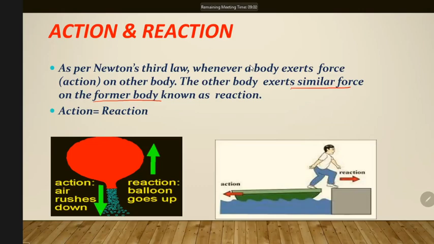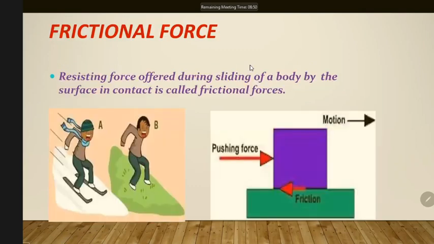Okay. Another type of force is frictional force. Now, what does this frictional force mean? Frictional force is simply the resistance which is provided when two bodies, or the surfaces, get in contact with each other.